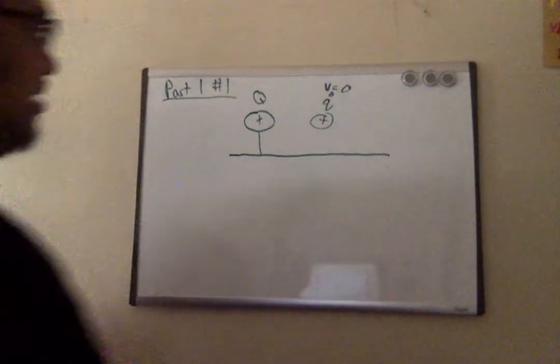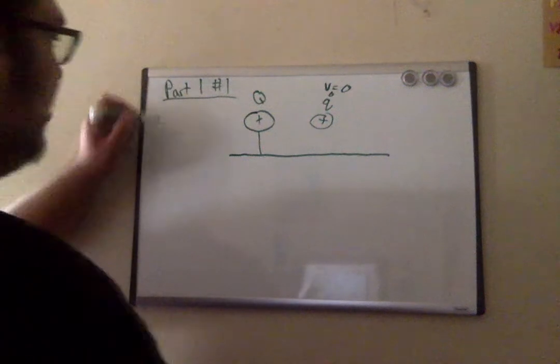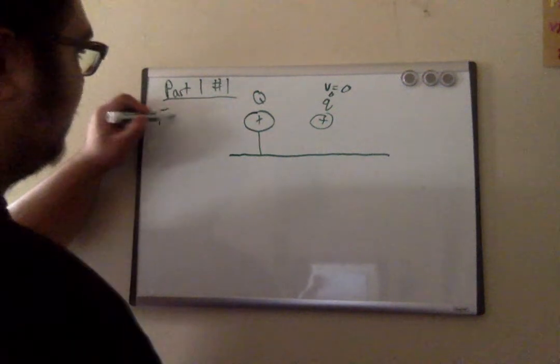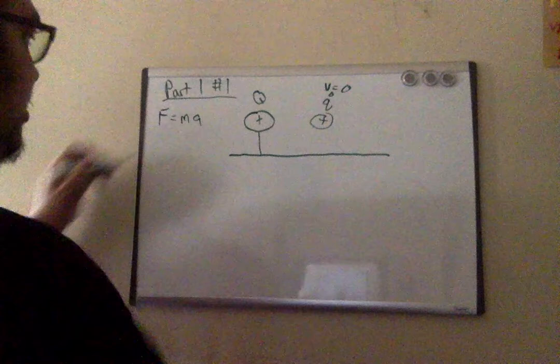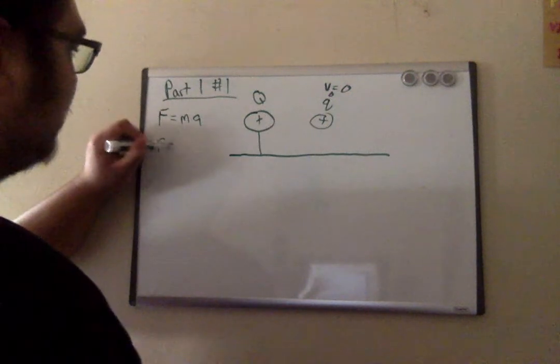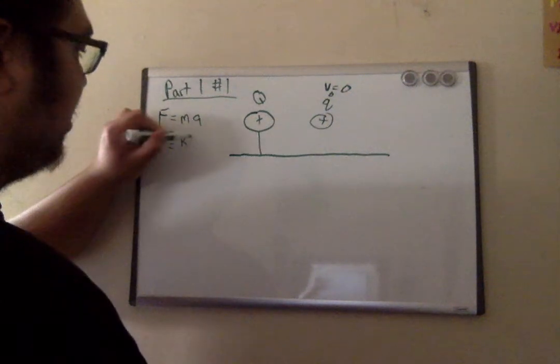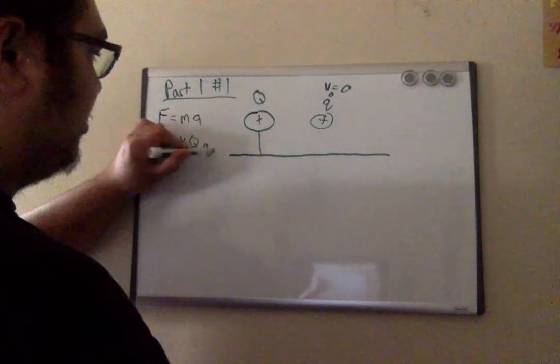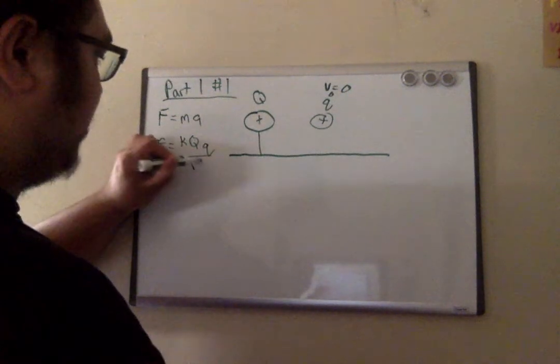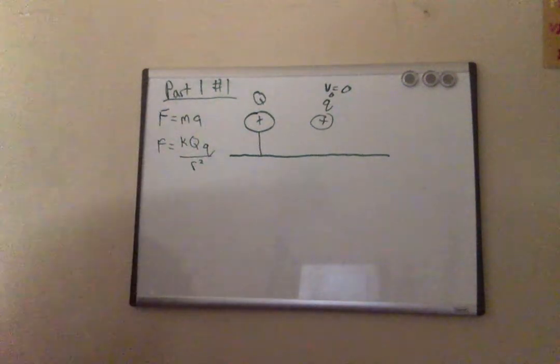But first of all, we know that force is equal to mass times acceleration. And we know that the electric force is also equal to K times the magnitude of Q times the magnitude of little q divided by r squared. So we'll keep that in mind.